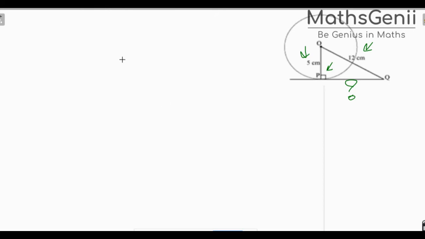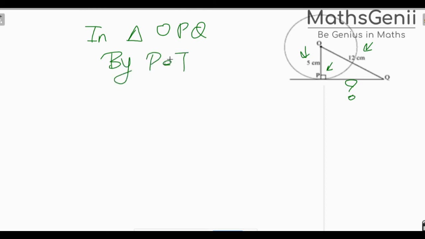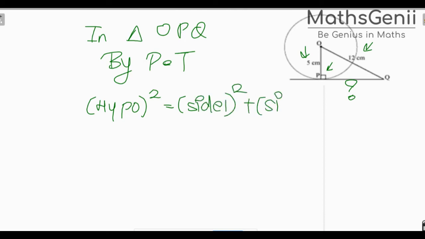Okay. Now, simple, apply Pythagoras theorem. In triangle OPQ, by Pythagoras theorem. What is Pythagoras theorem? Hypotenuse square is equal to side 1 square plus side 2 square. Correct? What is hypotenuse? Hypotenuse is side opposite to 90 degree. Side opposite to 90 is 12. 12 square.